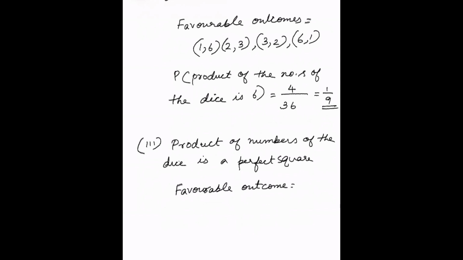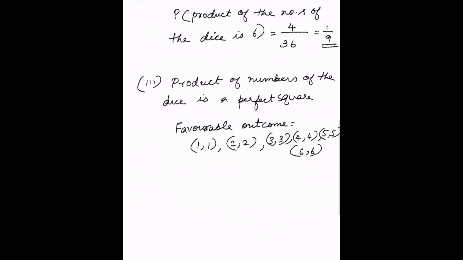The same number should appear on both the dice, that is a perfect square. So it is 1, 1, 2, 2, 3, 3, 4, 4, 5, 5, and 6, 6. Also 1, 4. Yes, that's correct, because 4 is also a perfect square. What else? 4, 1. Yes, 4, 1. Anything more?